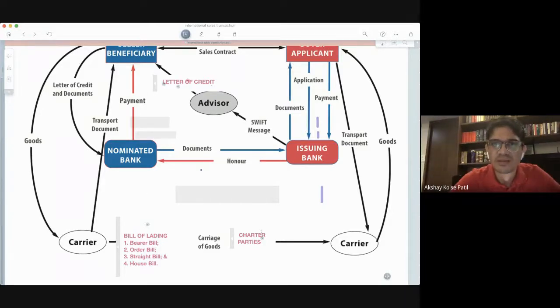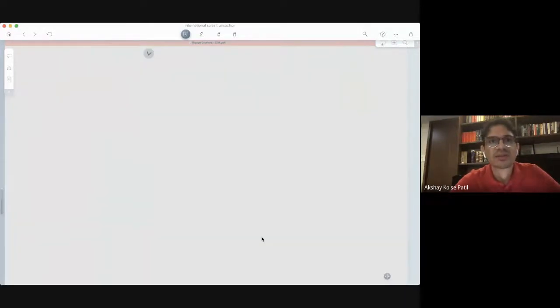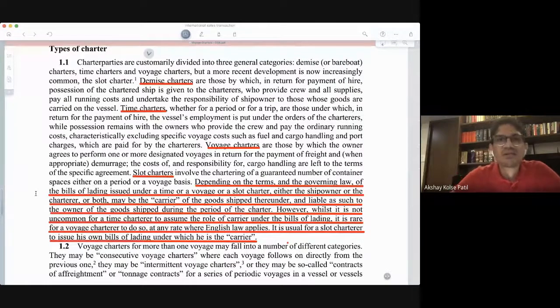So we will just look at that. Now, a demise charter is one in which, in return for payment of hire, possession of a chartered ship is given to the charterers, who provide the crew and all supplies, pay all running costs, and undertake the responsibility of the ship owner to those whose goods are carried on the vessel.